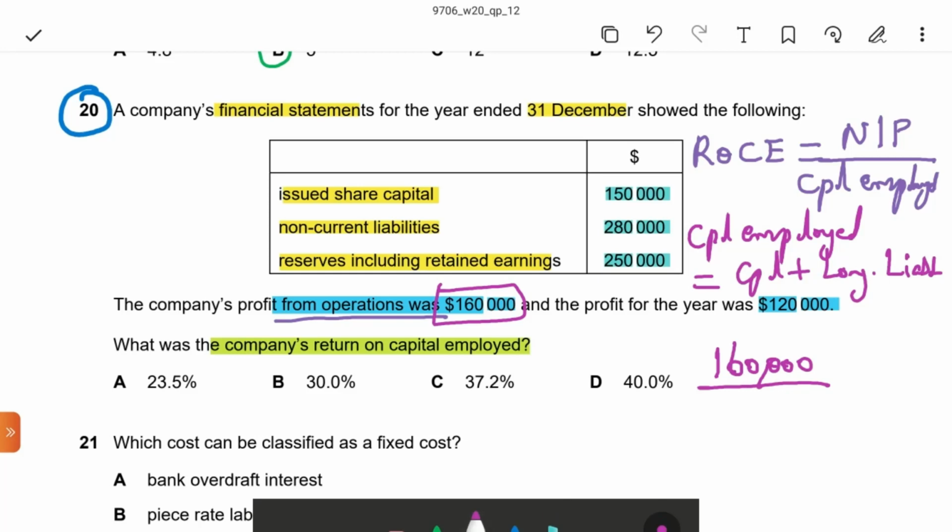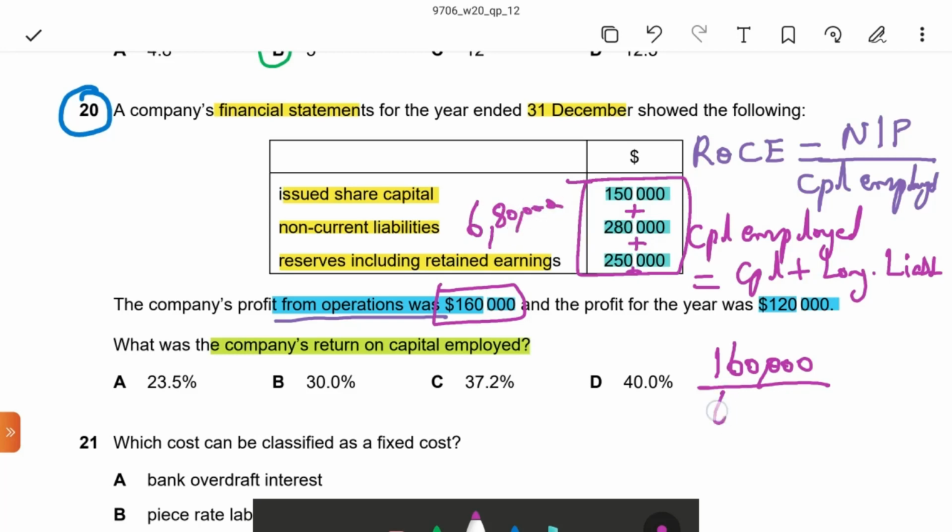So the total capital employed is equal to 150,000 plus 280,000 plus 250,000. That is 680,000.